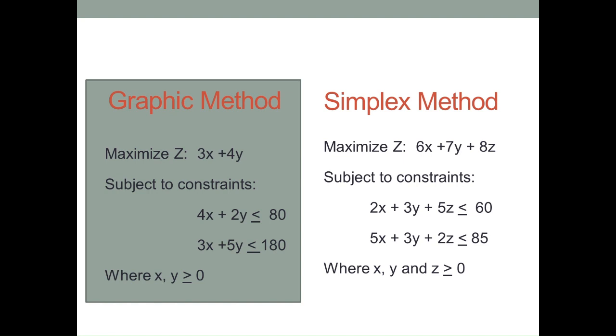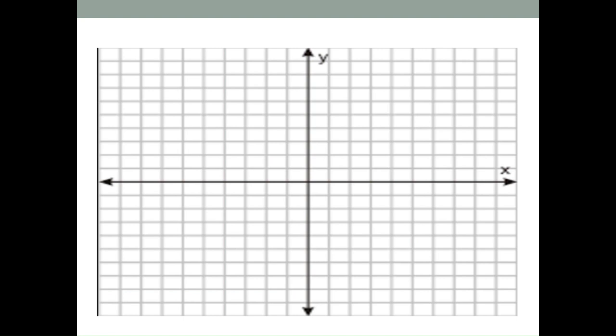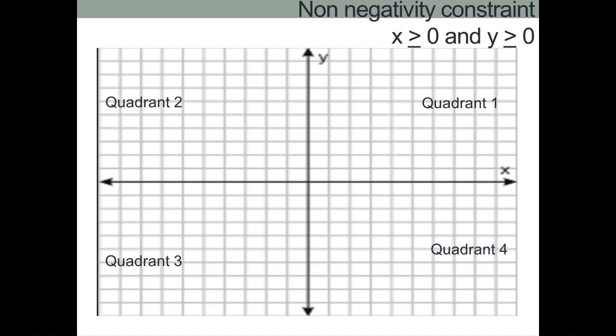To solve a linear equality, we will use a coordinate plane. We know that there are four quadrants in a coordinate plane, as we also know this that the value of x and y are greater than equals to 0, that is non-negativity constraint, which means the value of x and y should not be less than 0.